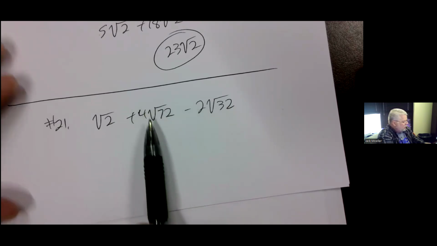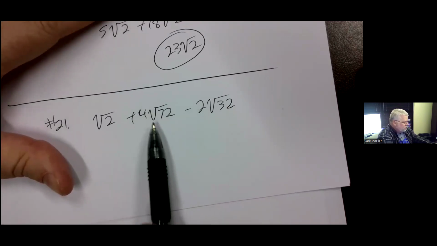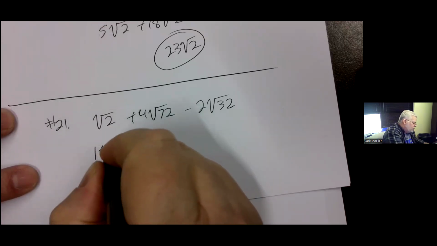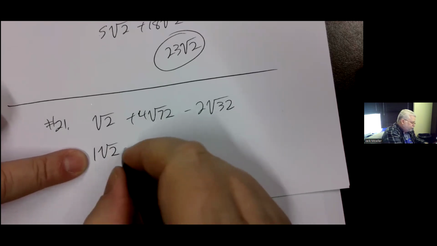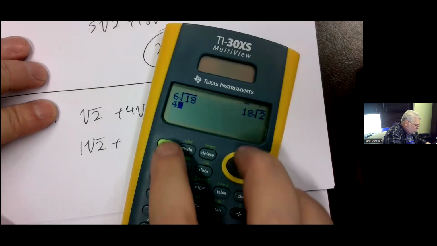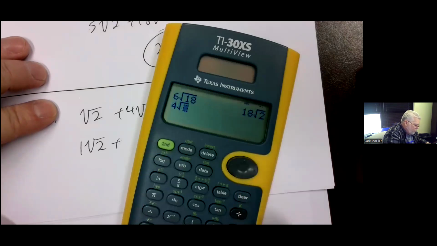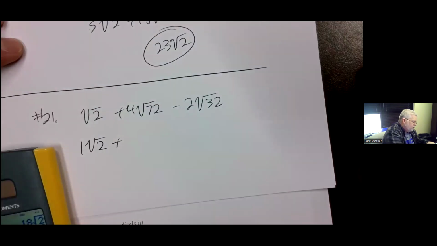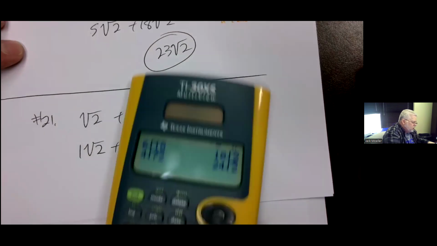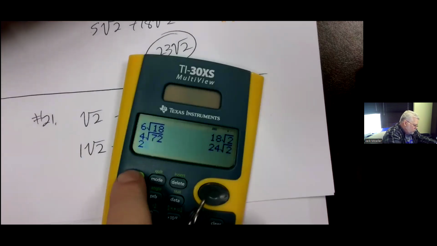Okay, so following the previous example, let's do this in the calculator. And let's go ahead and put a 1 in front of that square root of 2 so we don't miss it. And so what does 4 square root of 72 simplify to? That's 24 square root of 2. And then minus, what is 2 square root of 32?